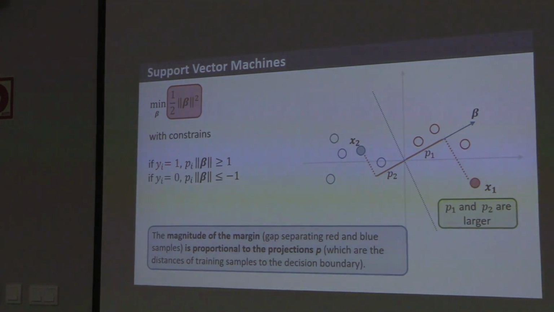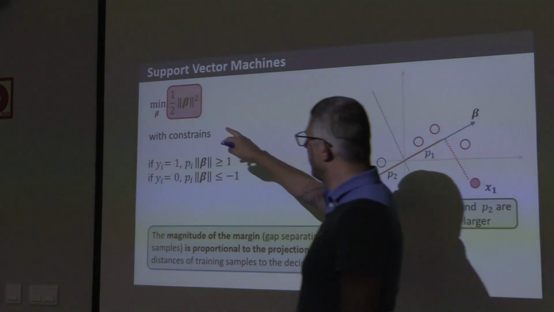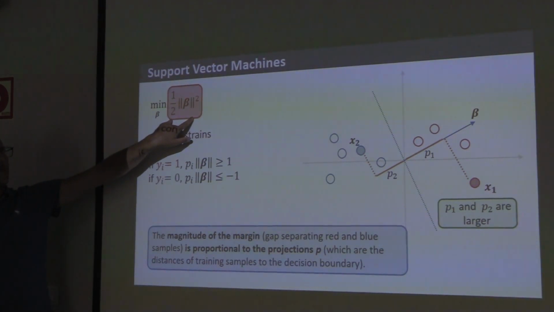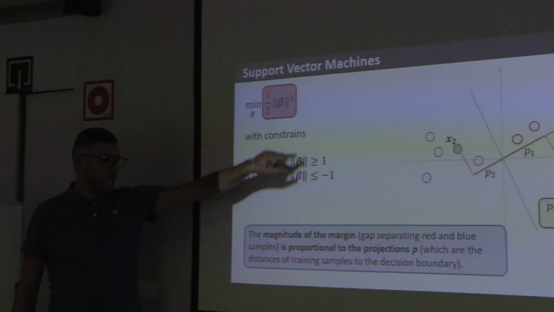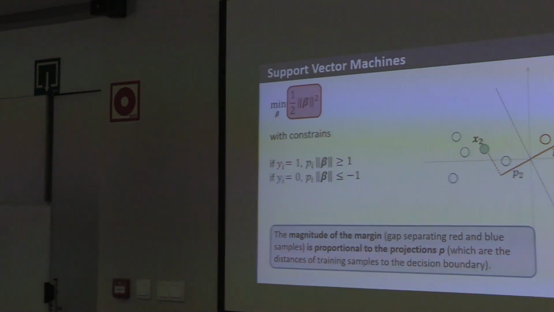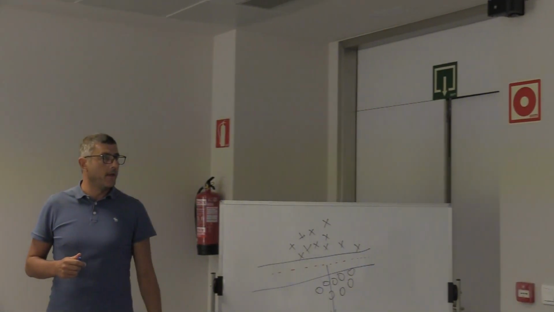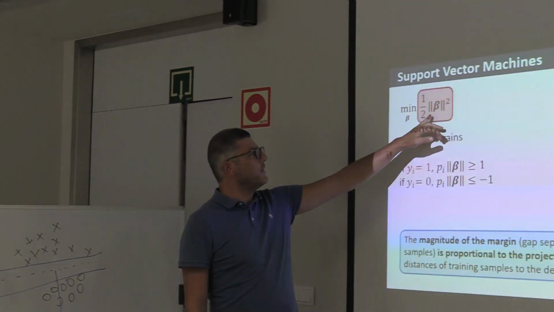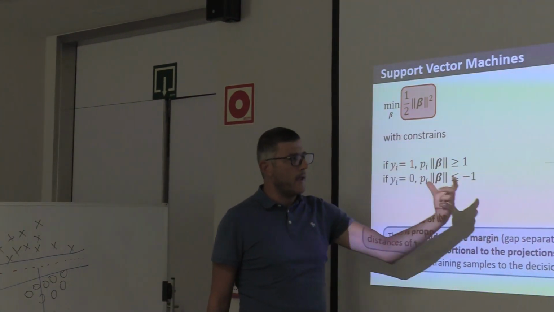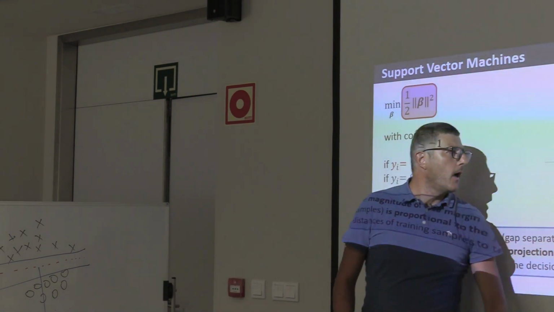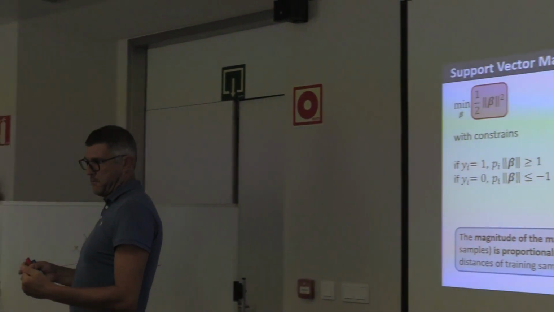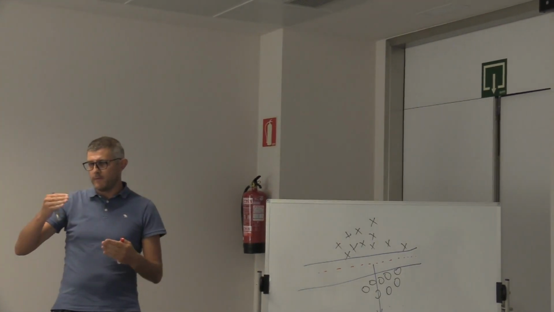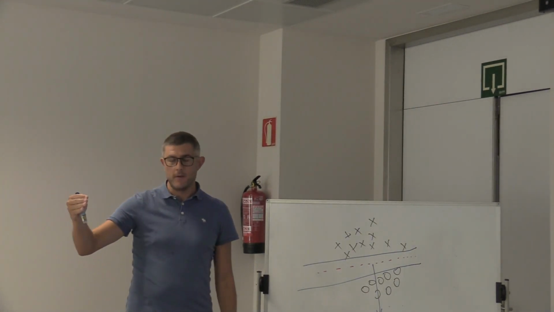So this is the consequence of using this regularization term. By minimizing the squared norm of the coefficient vector, you get a good margin, so a good separation distance between samples and the boundary between the classes.